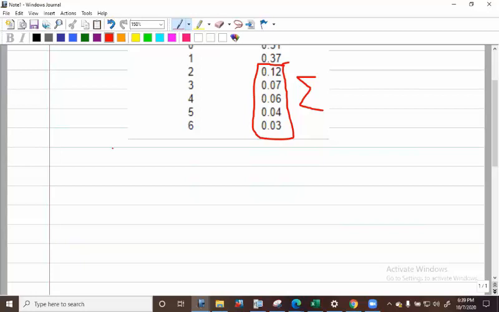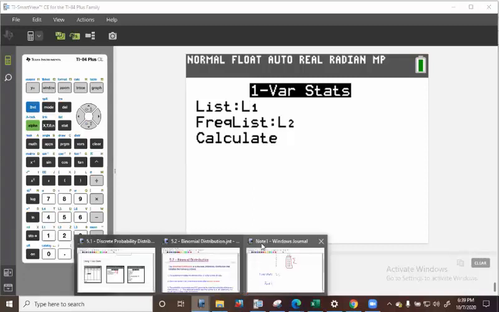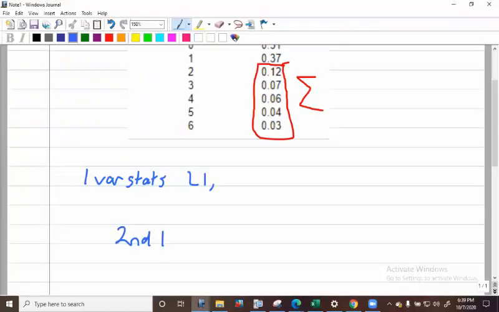But to do both, it's not that big of a deal, but you're going to have to go second, the number 1 to bring up L1, and then the comma, which is right above the 7. It's not a shift function. Then go second 2 to get the L2. So L1, comma, L2. I'm glad you mentioned that because somebody else out there might be using the 83 also. I completely forgot about that.